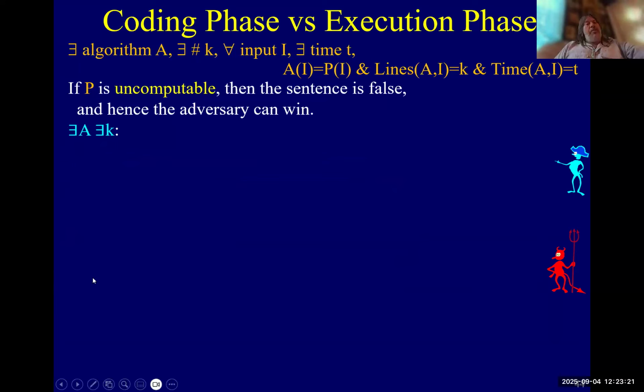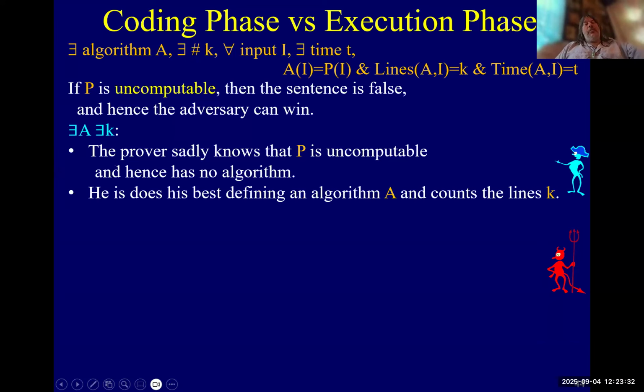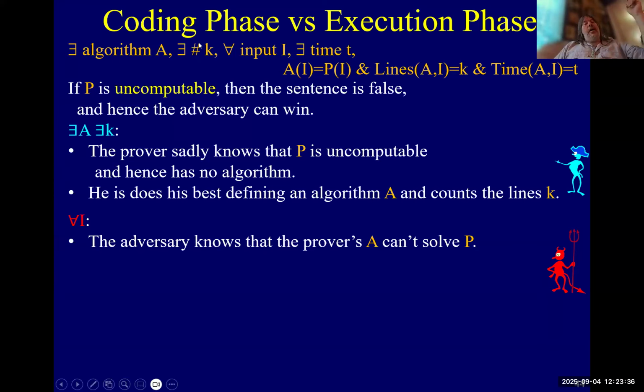Versus if it's not computable, then the prover has to come up with an algorithm, but knows there is no algorithm, so just comes up with some input as best he can. Then the adversary knows that it's uncomputable, so knows that every algorithm gives the wrong answer on some input.